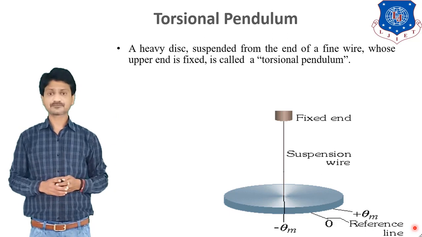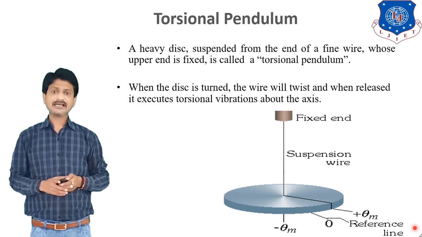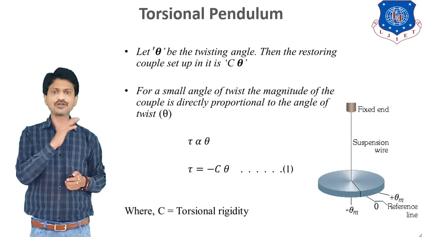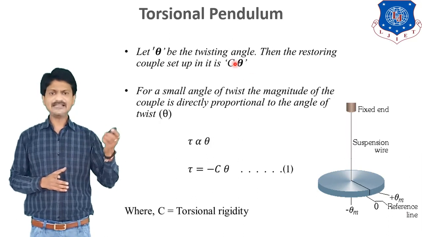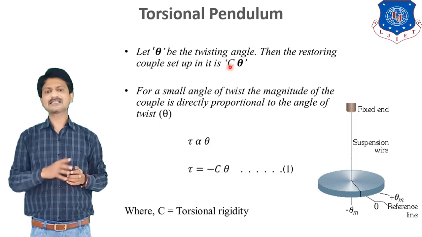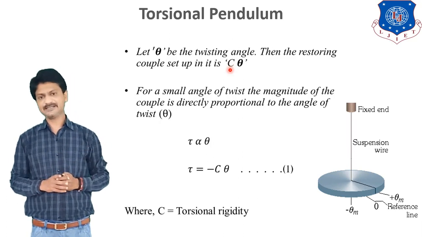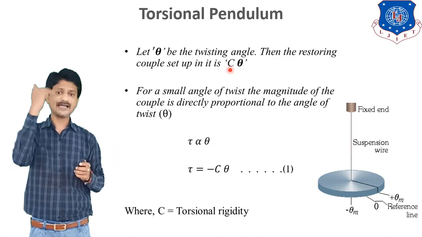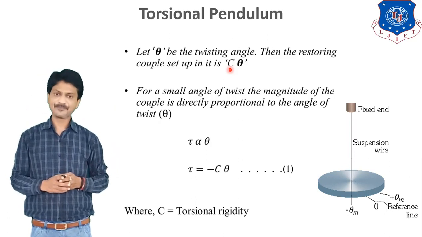Now if theta is the twisting angle, then the restoring couple set in it is C into theta, where C stands for torsional rigidity, the amount of resistance against torsional deformation.